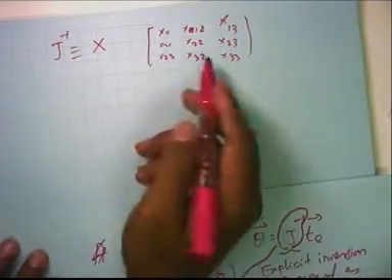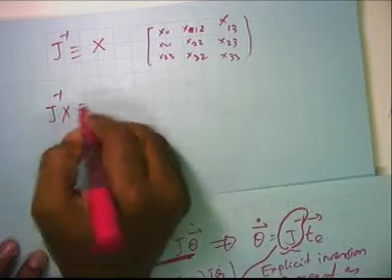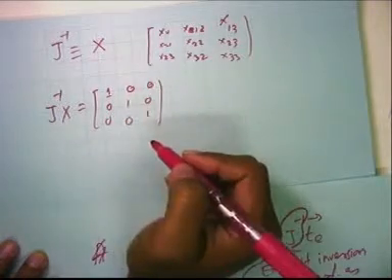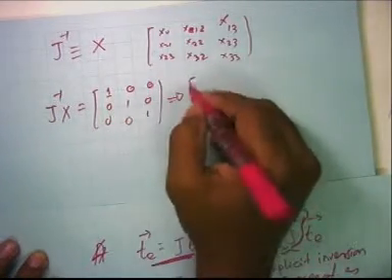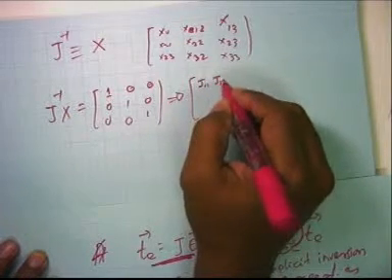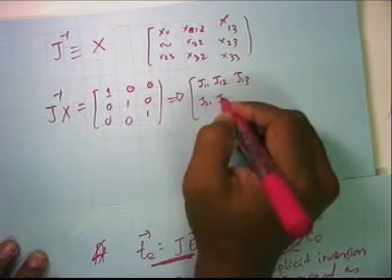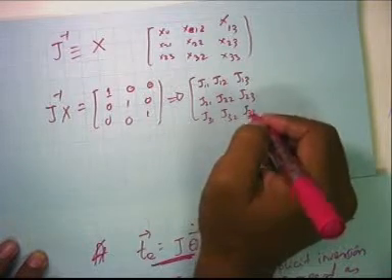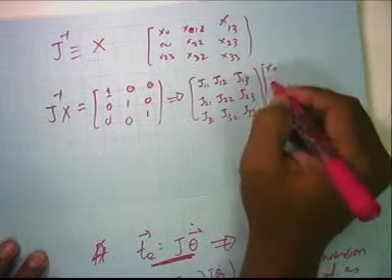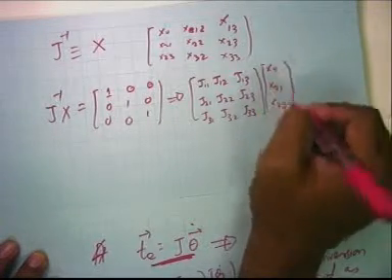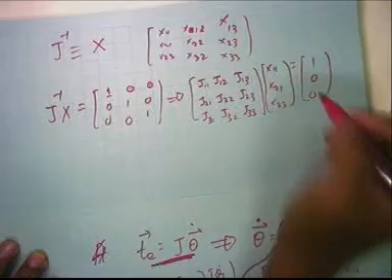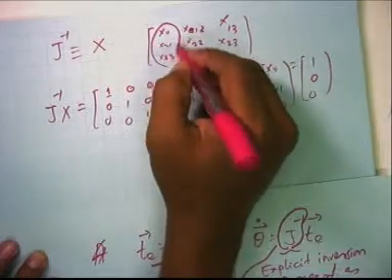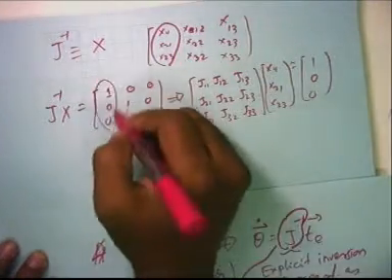If J inverse is x, then I know J times x is equal to the identity matrix, which has 1 0 0, 0 1 0, 0 0 1. So, in this case J 1 1, J 1 2, J 1 3, J 2 1, J 2 2, J 2 3, J 3 1, J 3 2 and J 3 3 into x 1 1, x 2 1, x 3 1 is equal to 1 0 0, because when I multiply this matrix and this vector, it should give the first column.